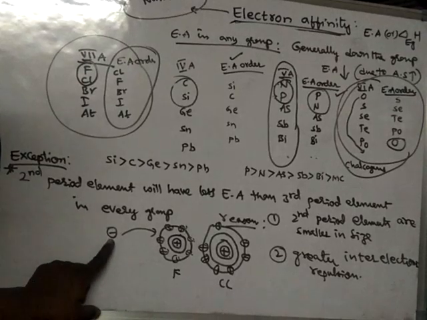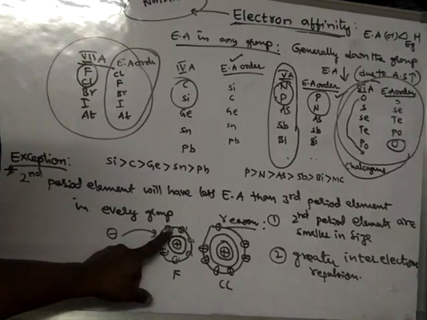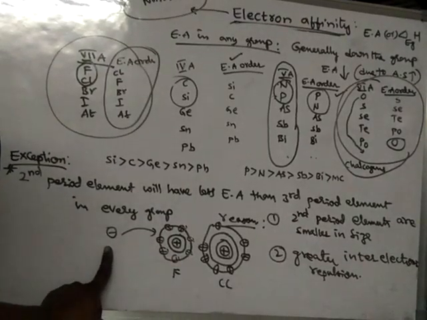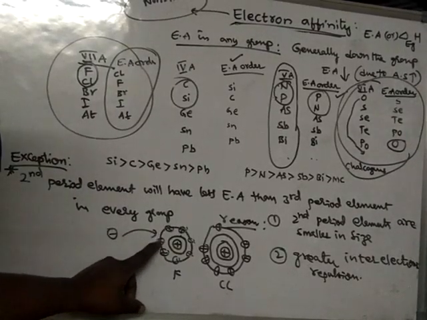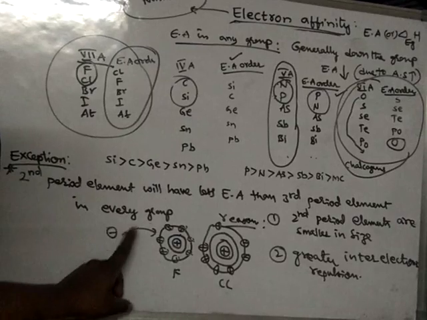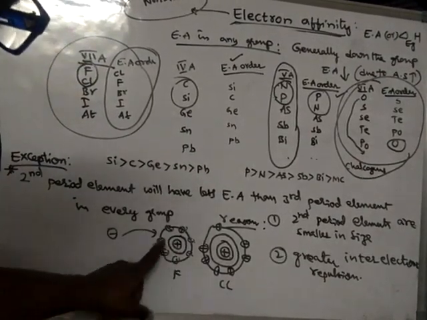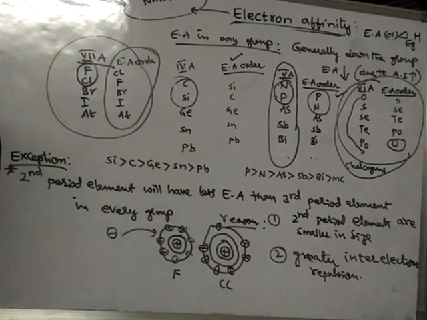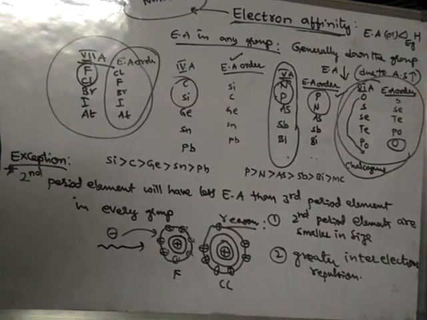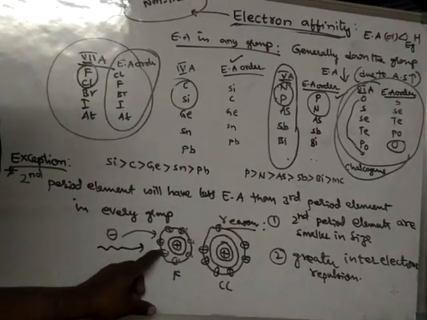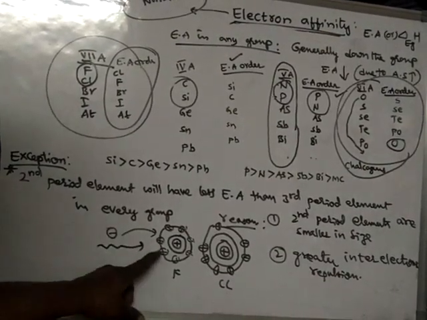To add this electron into this atom, we have to reduce the repulsive forces between these electrons and the new one. In order to reduce the repulsive forces, we have to supply some energy to this atom. Because of limited space and a large number of electrons, the atom does not like to add one more electron.